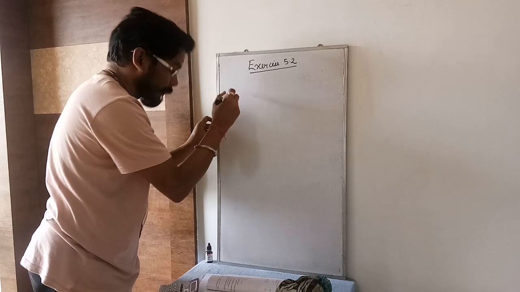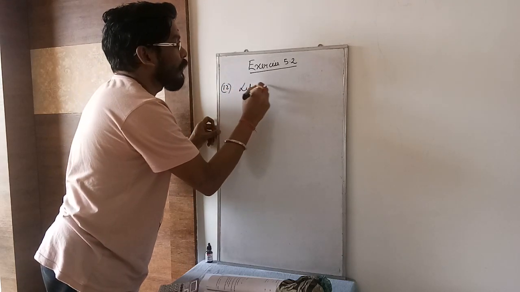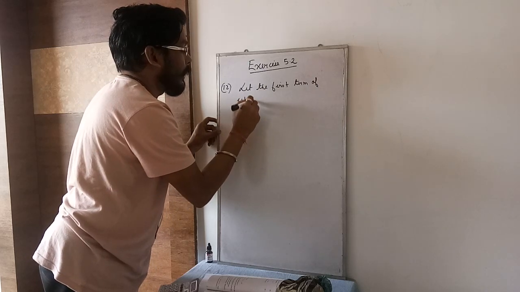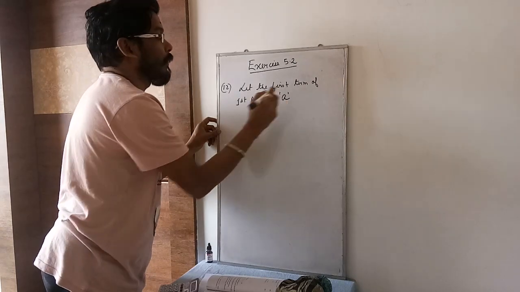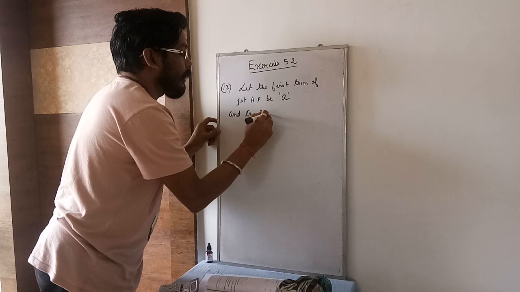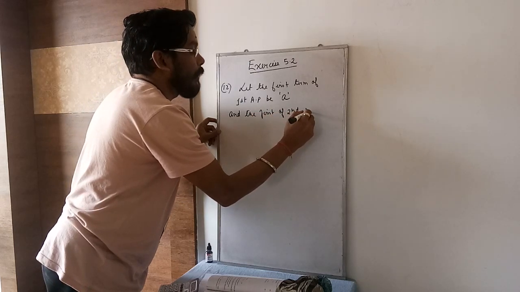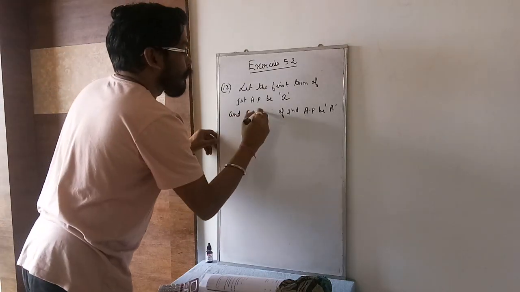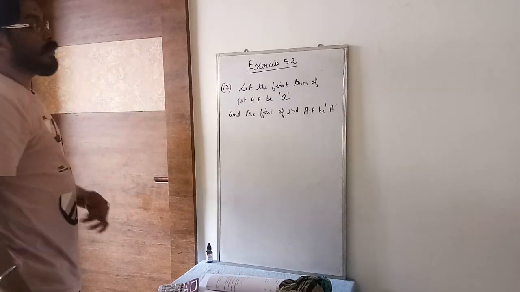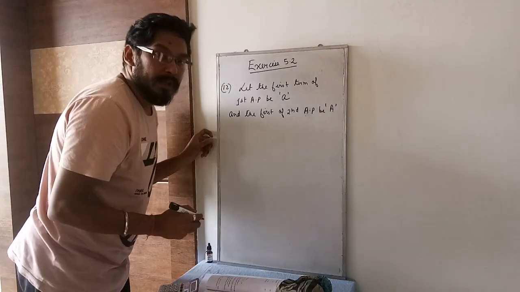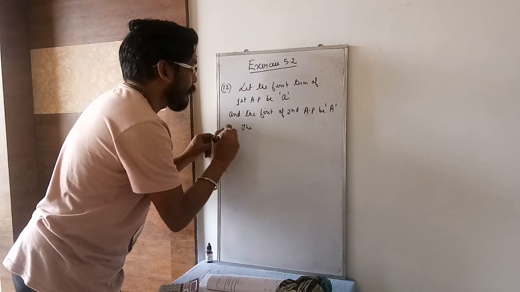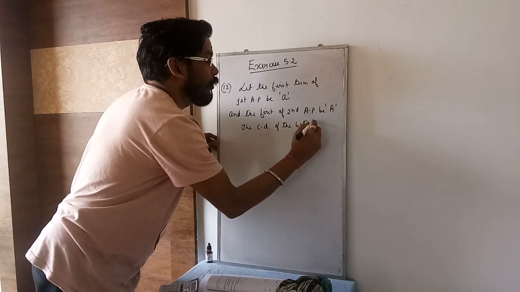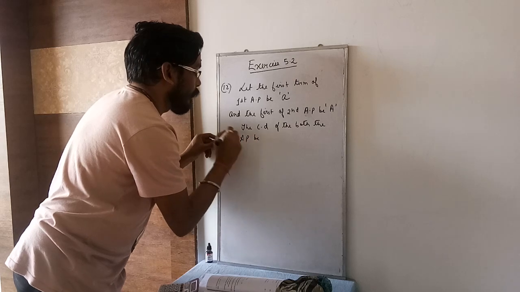So let me write question number 12. Let the first term of the first AP be a, small a I have taken, and the first term of the second AP be capital A. And we are taking the common difference the same.